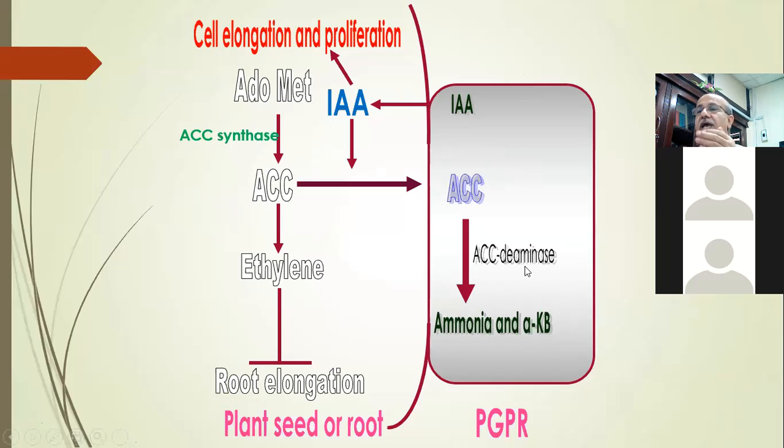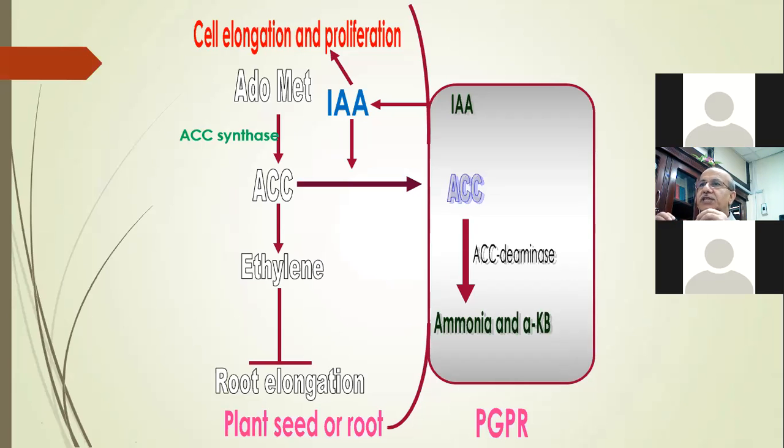And this is why I have spent more time on this: our group, soil microbiology and biochemistry at our campus, are the pioneers of this work in Pakistan, using such bacteria for developing biofertilizers under stress conditions.